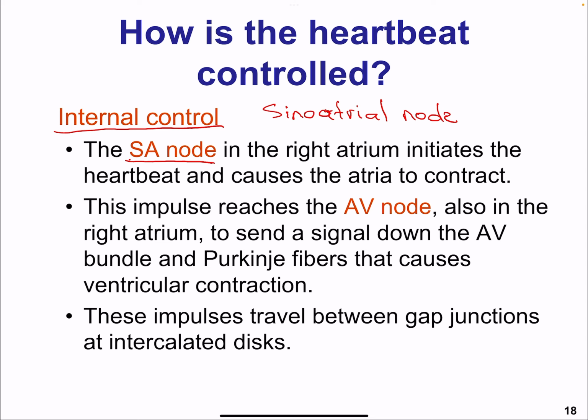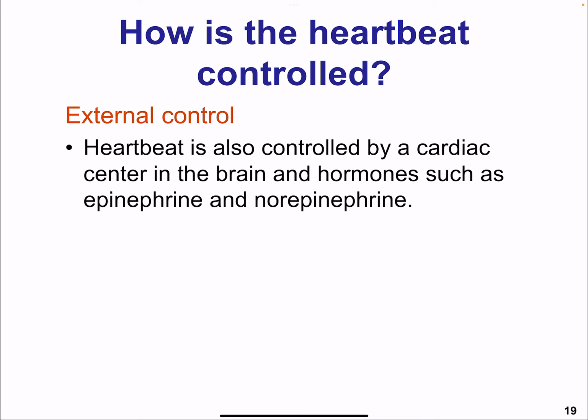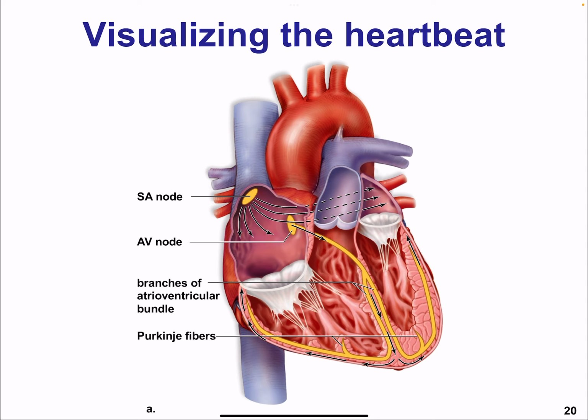The sinoatrial node is located at a particular area. Let me show you right here. It's located right here, okay? This is where the electric impulse is going to be initially initiated. Right? This is called the pacemaker.